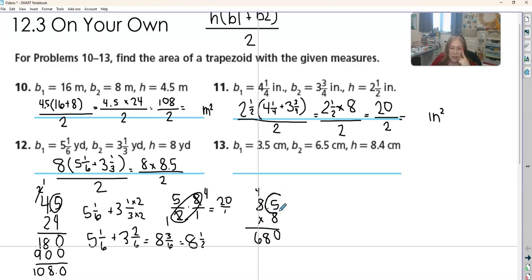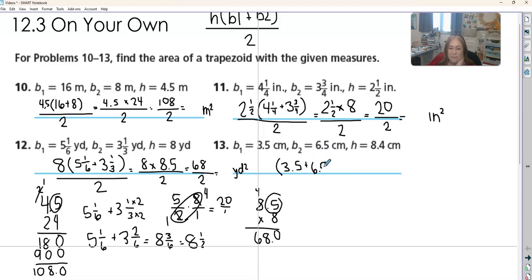And then we have one decimal place, so there we have 68. And we need to divide that by 2. So I'm going to let you go ahead and finish that problem. So 68 divided by 2 will be yards squared. I kind of got over into number 13 there, but okay, so add, times the height, cut it back in half.